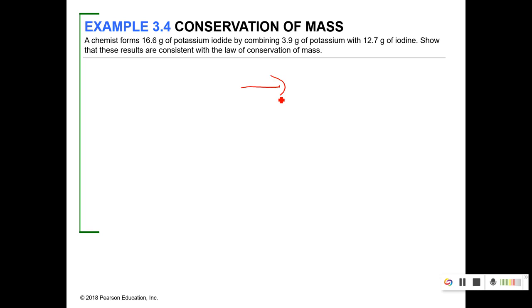A chemist forms potassium iodide. And again, I know you don't know what that is. The other two are formed by combining potassium and iodide. Hopefully you remember from 8th grade, this is clearly not balanced. If we wanted to do that, now we're balanced.